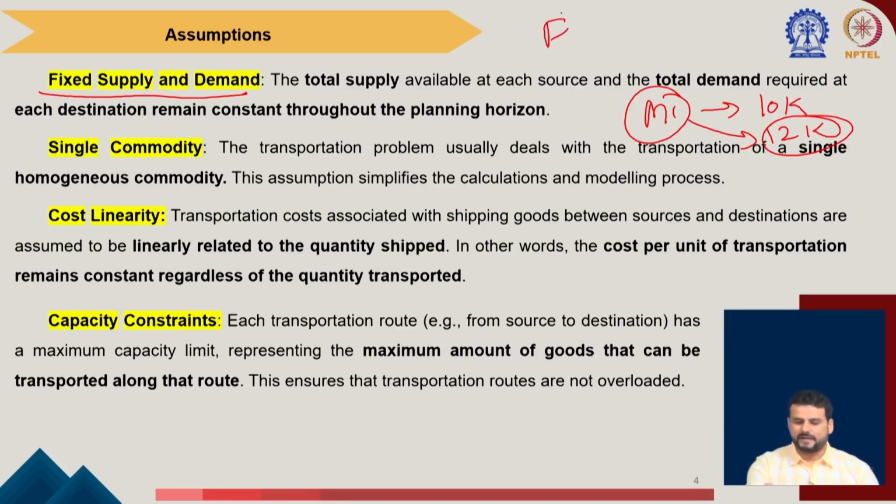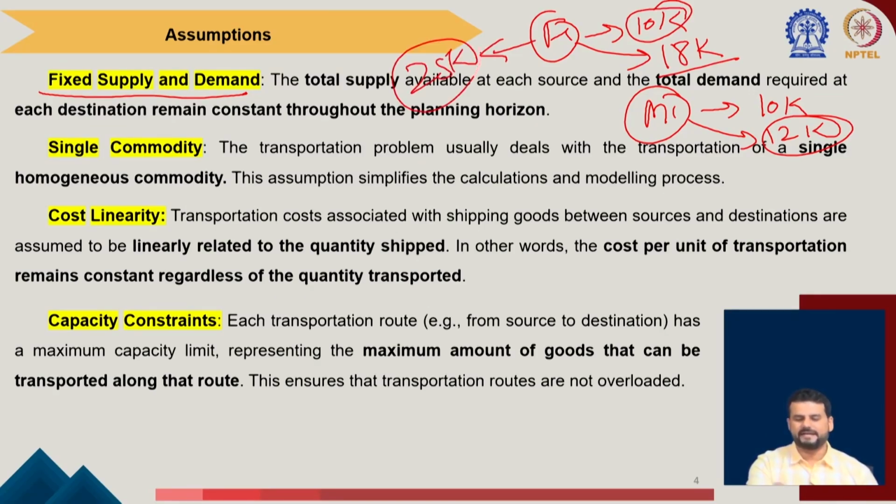Maybe from factory 1, today you are producing 10,000 products, tomorrow you are running an extra shift or double shift, maybe you are producing 80,000. Maybe you are going for expansion, and earlier the capacity was 10,000 only, now you have expanded and the capacity is 25,000. So this demand and supply is not fixed.